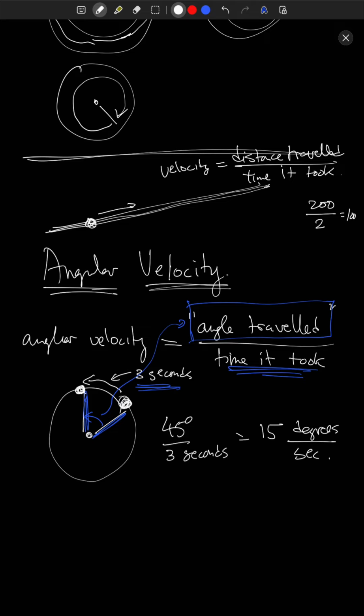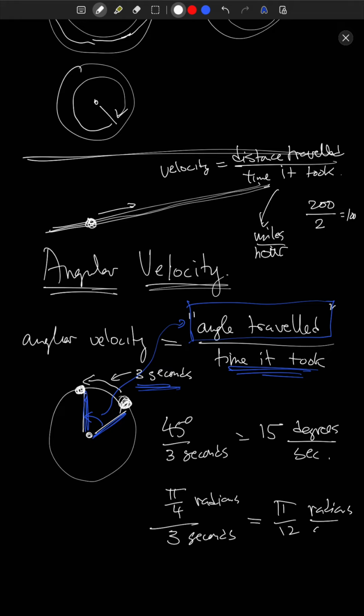Just like up here with velocity, distance traveled over time it took, we talked about miles over hours, miles per hour. So here, if you use degrees, it would be 15 degrees per second. If you use radians, it would be pi over 4 over 3, so radians over 3 seconds, and so this would be pi over 12 radians per second.